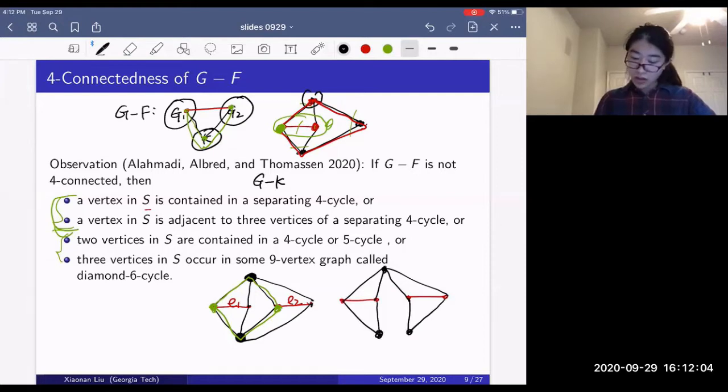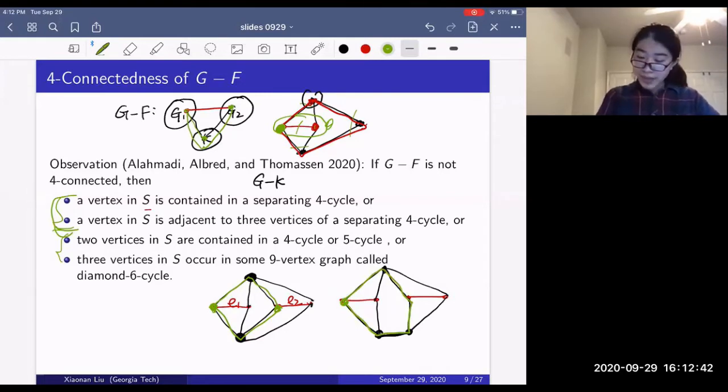Since the black vertices are contained in K, and K has size at most 3, if we have two such red edges and we delete these two red edges and these 3 black vertices, it's not connected. Actually, then we know it should have this form, and then we know two vertices in S are contained in a 5-cycle.